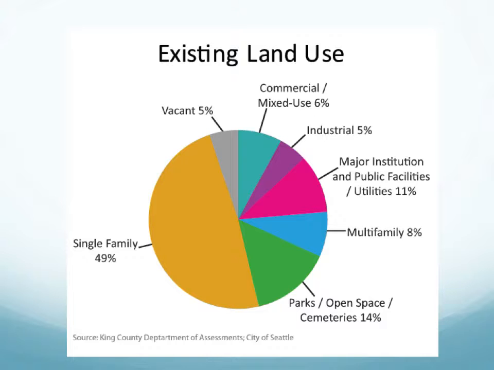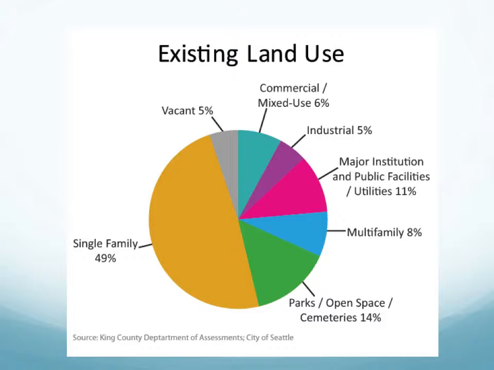And then you get into the, certainly people can pollute their property very well, or their sewage can leak, or their fuel systems can leak, but then some of the major polluters are the major institutions and public facilities and utilities and industrial areas and commercial mixed-use areas, which all of those include your factories in the industrial area.